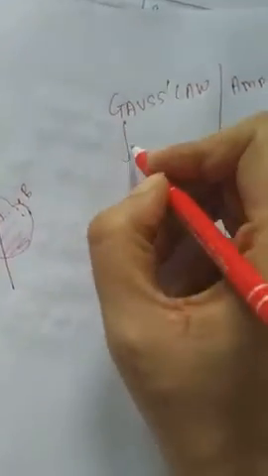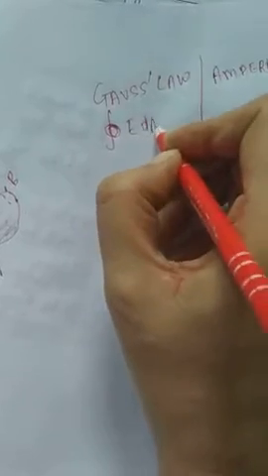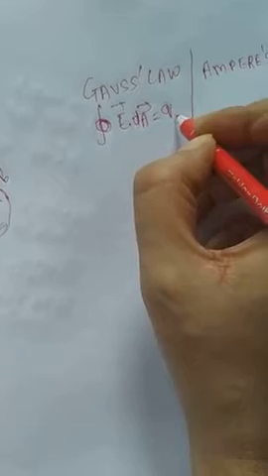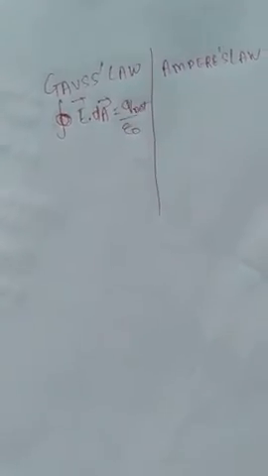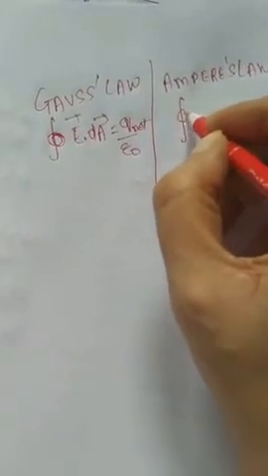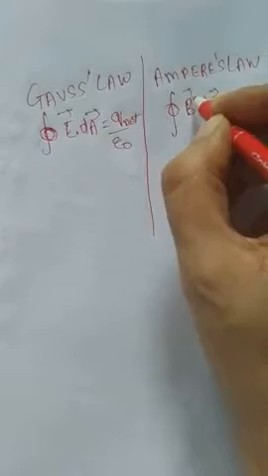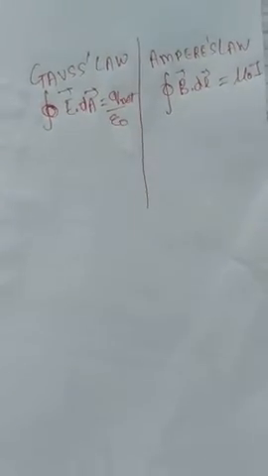In Gauss law we have the surface integral of E dot dA equal to the net charge enclosed by the surface, Q net, divided by epsilon naught. And in Ampere's law we have the line integral of B dot dl equal to mu naught times the current threading through that closed loop.